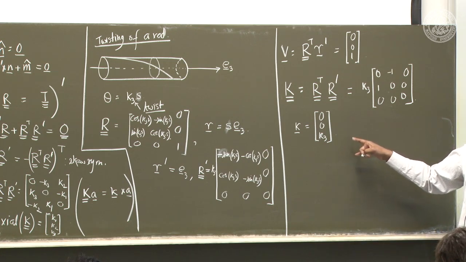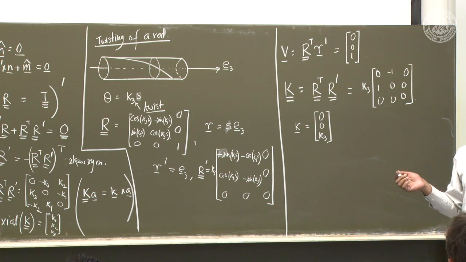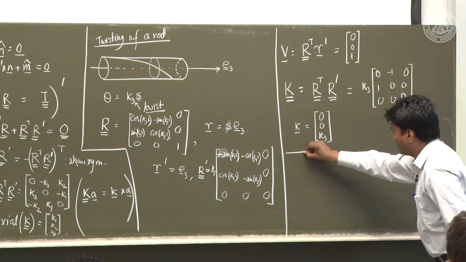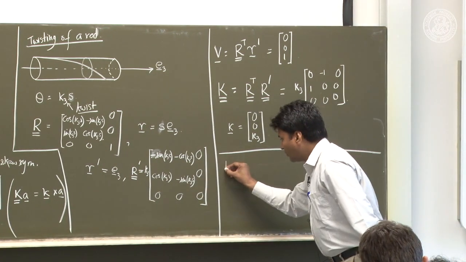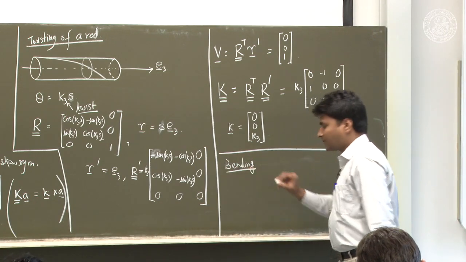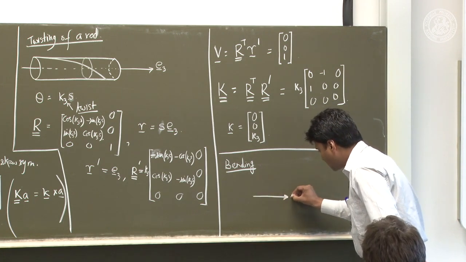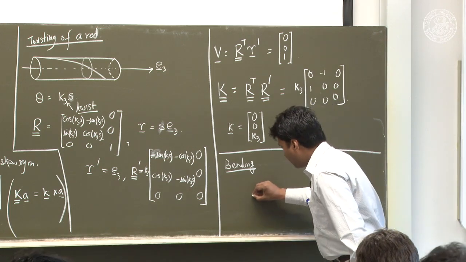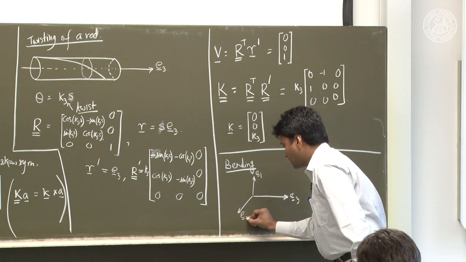Similarly, you can also work out the case of bending. When you work out bending, it is going to bend about, let us say, E1 axis. Okay. So, this was all for twisting, and when you work out bending, let us say that is your E3 axis, and that is your E1 axis, and what comes out is E2 axis.